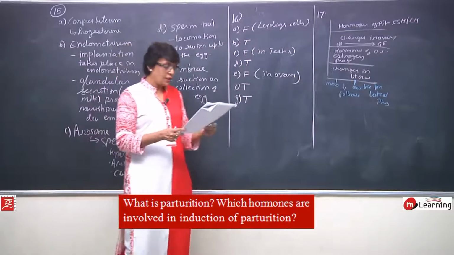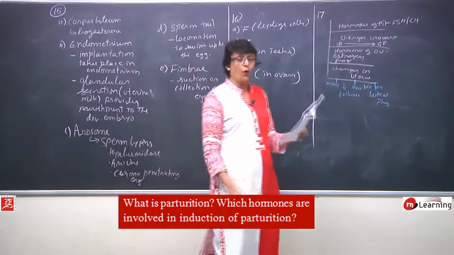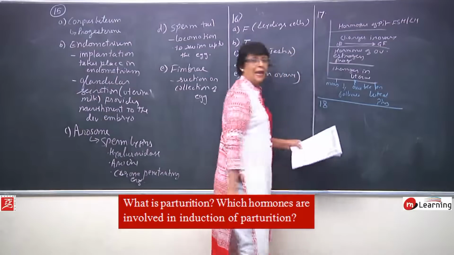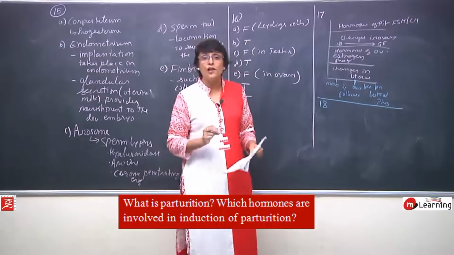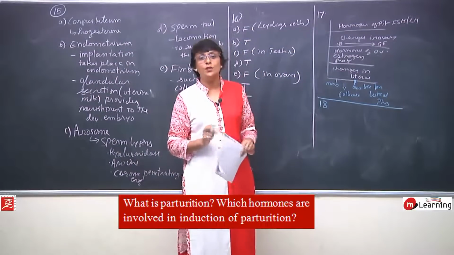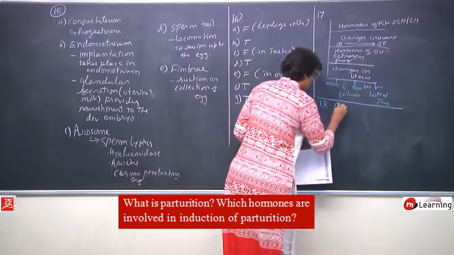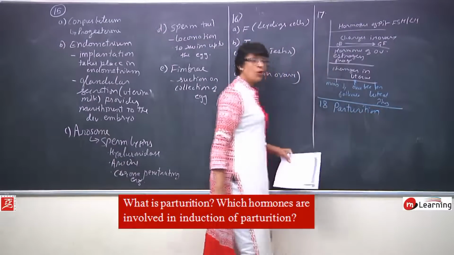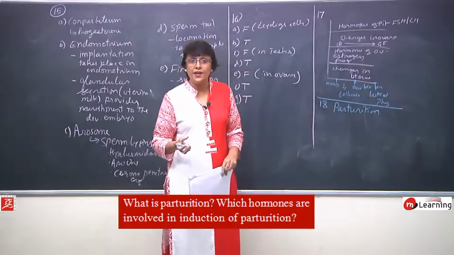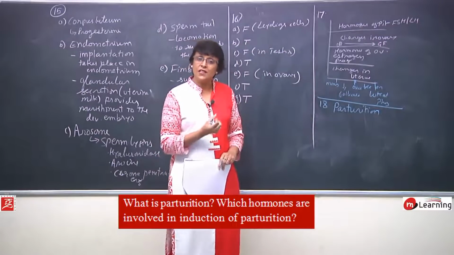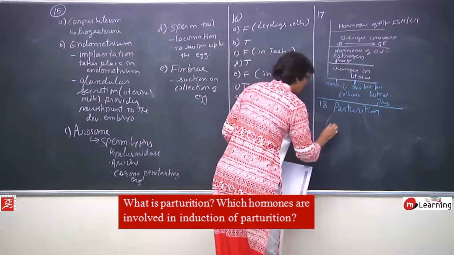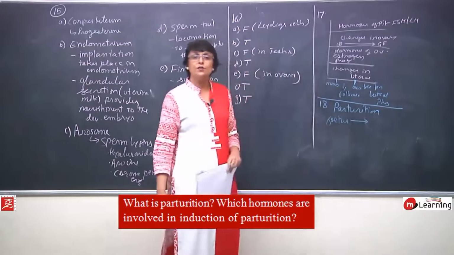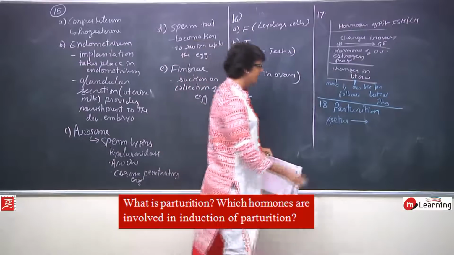18th question, what is parturition? Which hormones are involved? Parturition, expulsion of fully formed fetus on completion of gestation period, that is parturition. Which hormones and how is it triggered? It is triggered by the fetus and placenta. Fetus produces a hormone or a chemical which is known as fetal ejection factor.